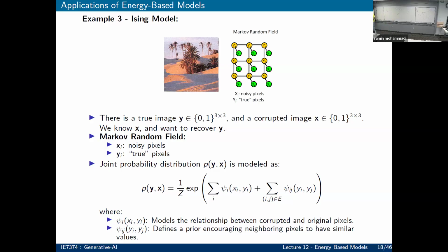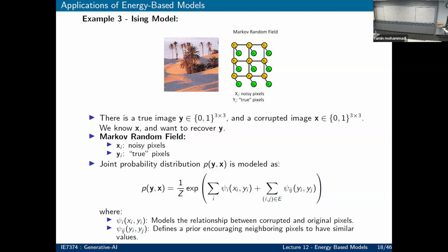That means these are some real pixels, and when it says I and J belonging to E, if you are trying to check this pixel, you look at all the pixels in its neighborhood and compare them with the current pixel. So this term tells you, for a given pixel, how similar it is to the neighboring pixels. That's the second term, and that's the first term.